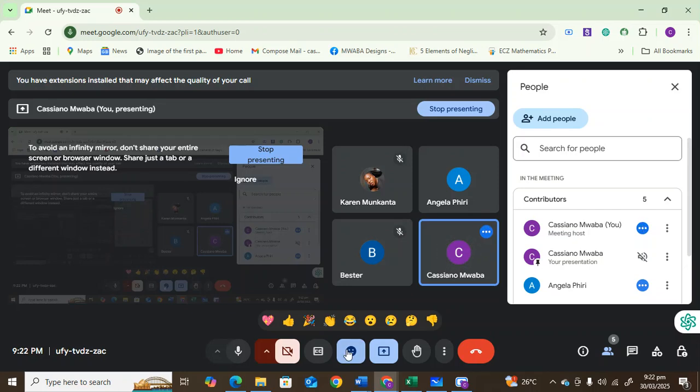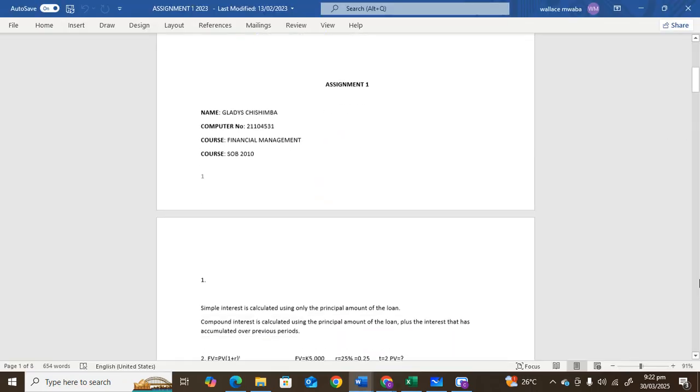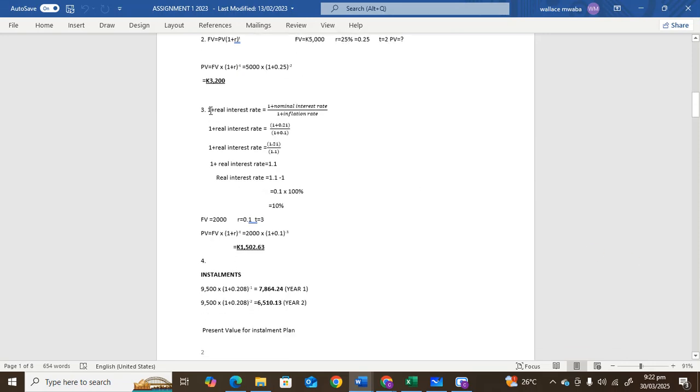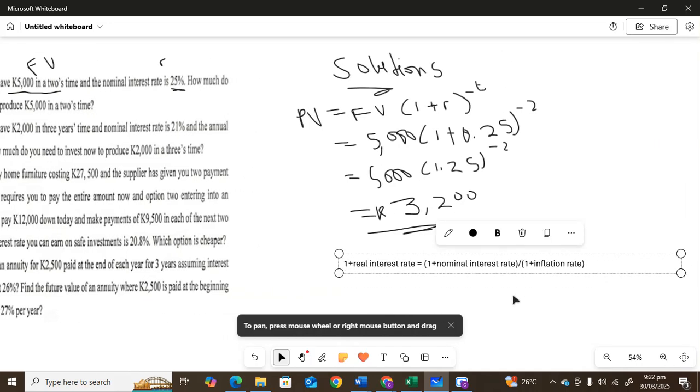Do we remember the definitions? So the real interest rate is the interest rate that is adjusted for inflation. Okay, colleagues? The interest rate that is adjusted for inflation.